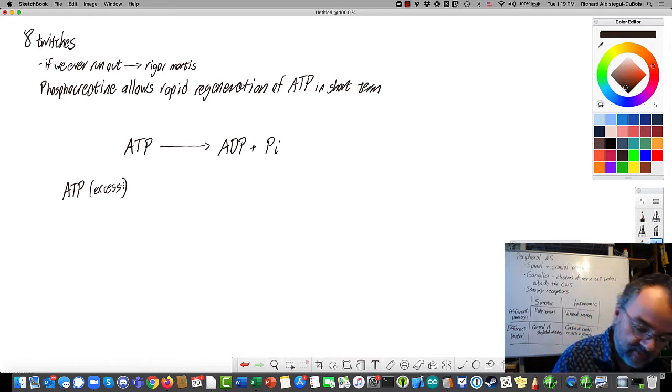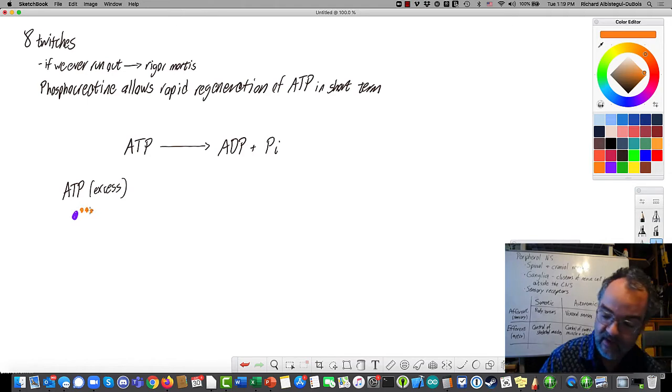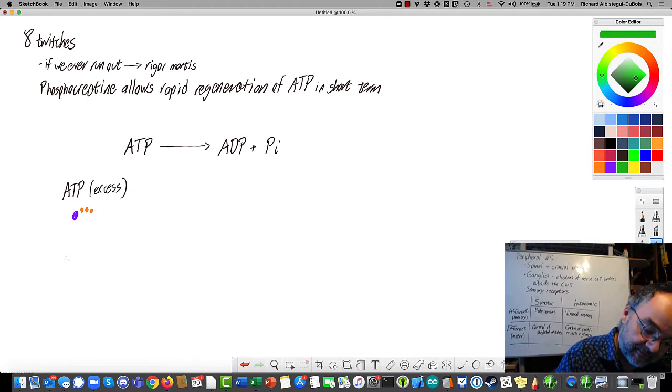Well, one possibility, let's represent the ATP in the way we were doing, as the purple dot with our 3 orange dots. So there's our ATP. We can bring in a molecule called creatine.